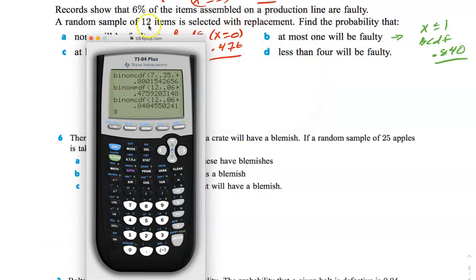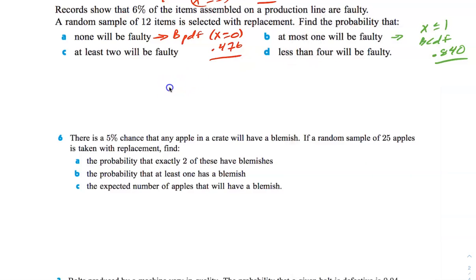Next one. At least 2 faulty. So at least 2 means I want 2 or more. So that's my lower bound. X is greater than or equal to 2. So again, that's pointing the wrong direction, so we've got to fix it. 1 minus X is less than 2. It was greater than, now it's less than, because I had to switch it. And then you have to go down 1, because it doesn't have an equal to sign, which I need. X is less than or equal to 1.